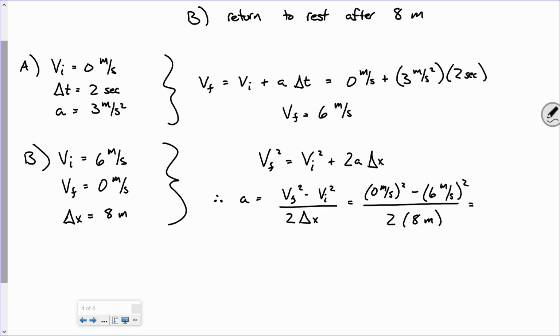So negative 6 times 6, that's negative 36. Negative 36 over 16, that comes out to be about negative 2.25. Now, we're calculating a negative acceleration, okay? Does that make sense? Well, yeah, it makes sense because the particle is slowing down.